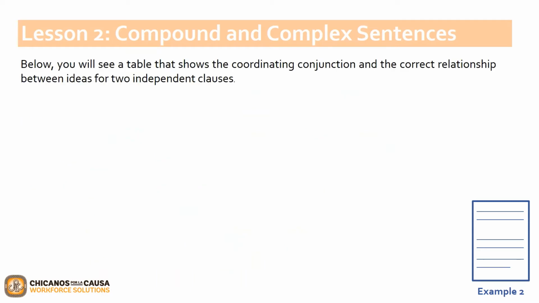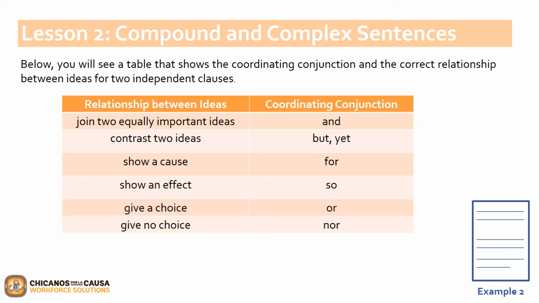Below, you'll see a table that shows the coordinating conjunction and the correct relationship between ideas for two independent clauses. As you can see in our table, we have two columns. One on the left says relationship between ideas, and the column on the right says coordinating conjunction.